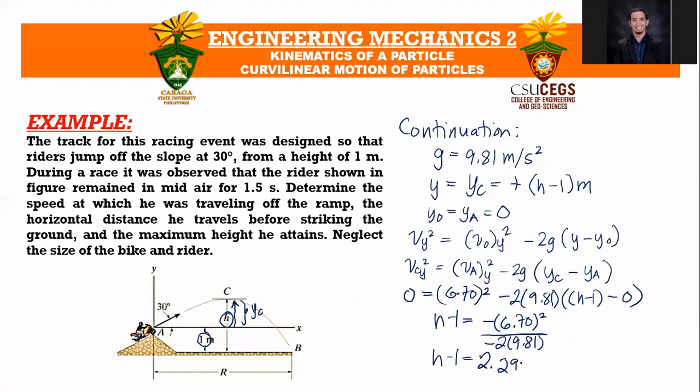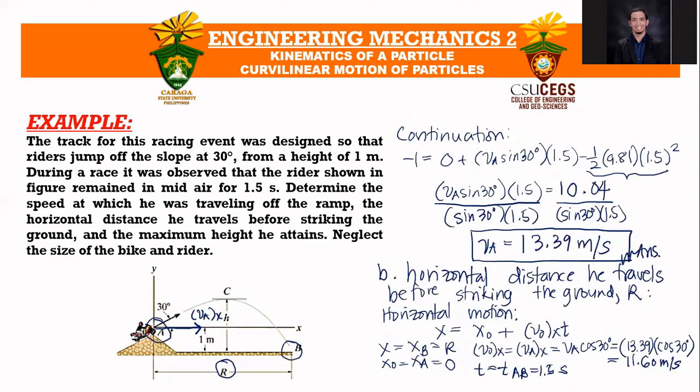So therefore, transposing the 1 to the other side, the maximum height the rider attains is equal to 2.29 plus 1, or h is equal to 3.29 meters.